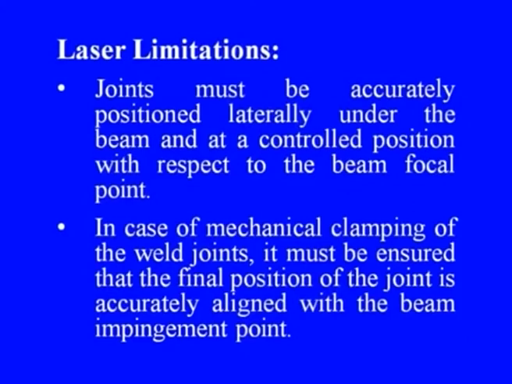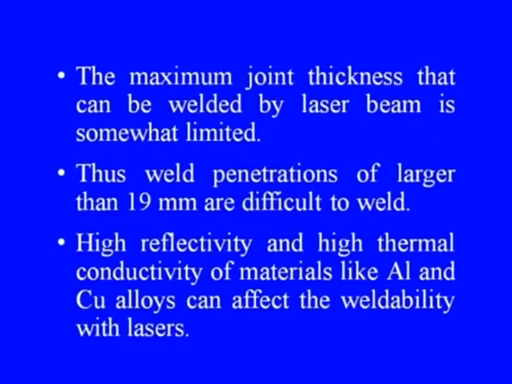In case of mechanical clamping of the weld joints, it must be ensured that the final position of the joint is accurately aligned with the beam impingement point. The maximum joint thickness that can be welded by laser beam is somewhat limited; weld penetrations larger than 19 millimeter are difficult to weld.